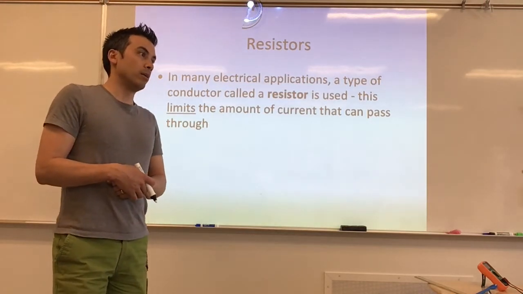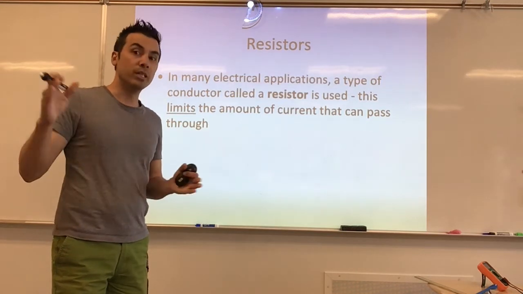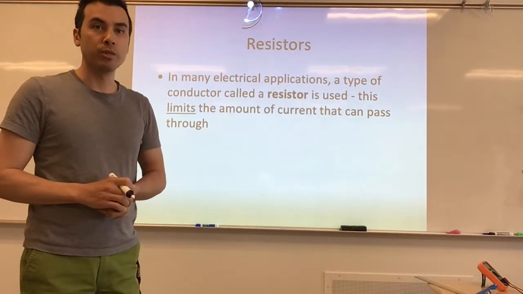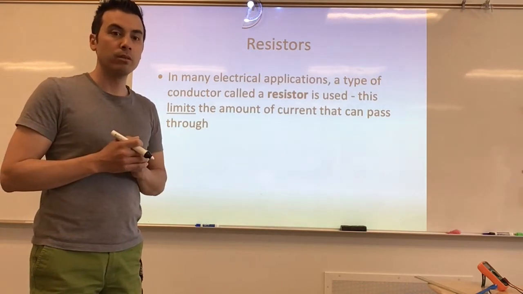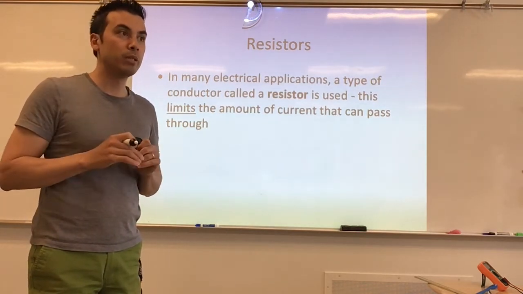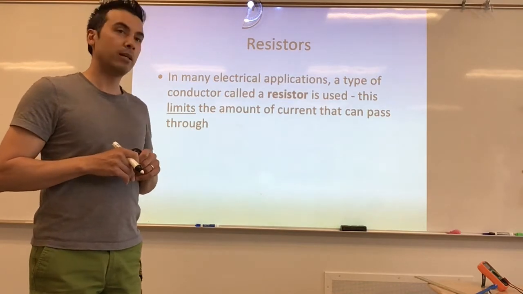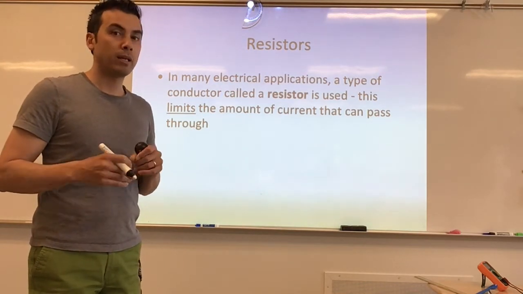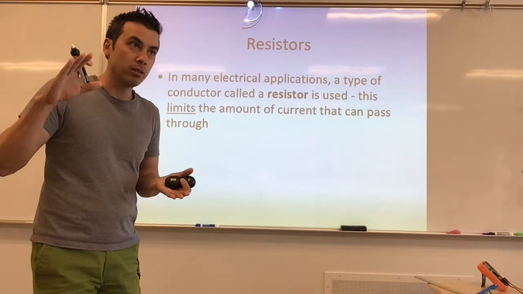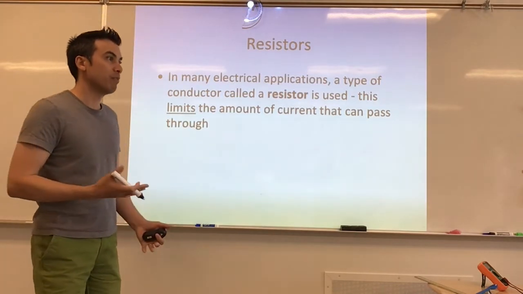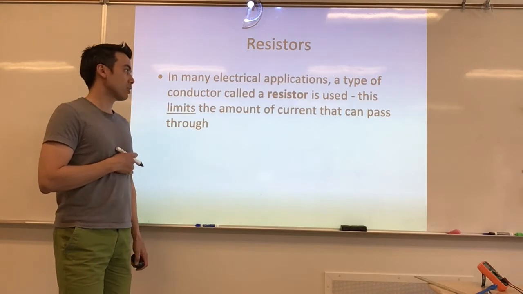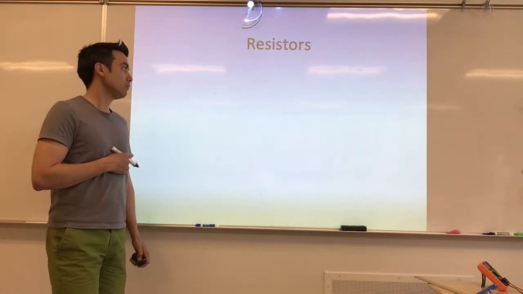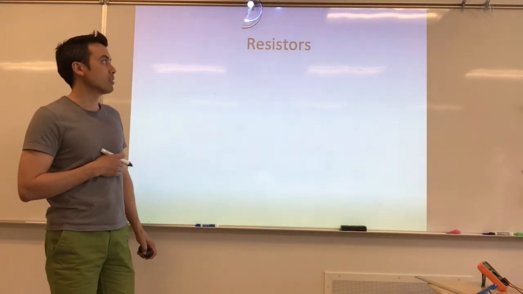Maybe we want to dim the lights a little bit. We can use resistors to slow the electrons down, to impede their movement, and that can allow us to dim those lights, or to slow some type of fan or the wheels of an electric car down. So we're going to limit the amount of electrons that can pass through.